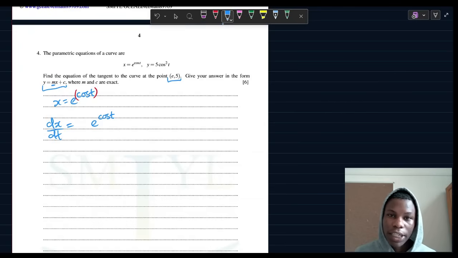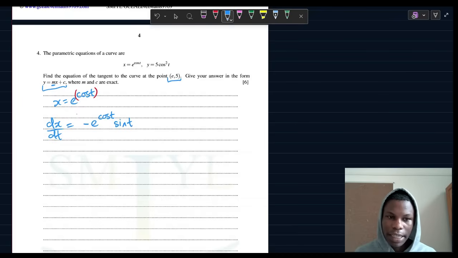If we differentiate cos, we're going to get negative sine. So be careful with that. And that negative sine t will multiply your, maybe let's write it on the other side. So we've got e to the cosine of t multiplied by negative sine of t.